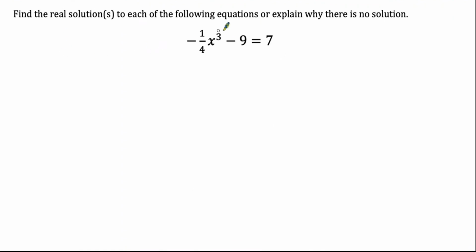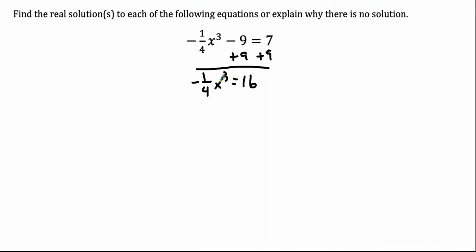On the next one, again, the first thing I want to do is get whatever is being cubed by itself first. So I'm going to start by adding 9 to both sides. So negative 1/4 x cubed equals 16. Now, I still need to get this negative 1/4 out of here. I can think about this in two ways.